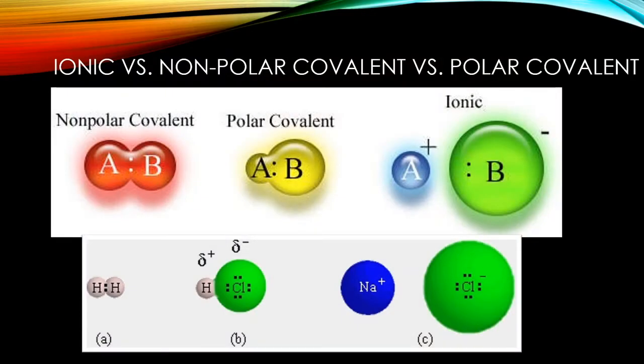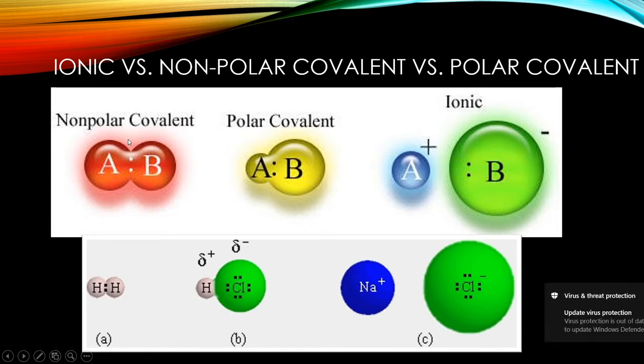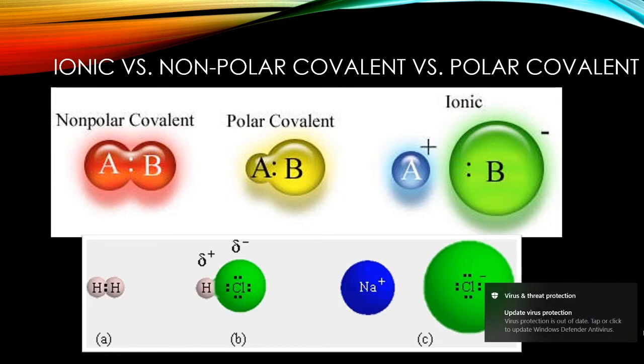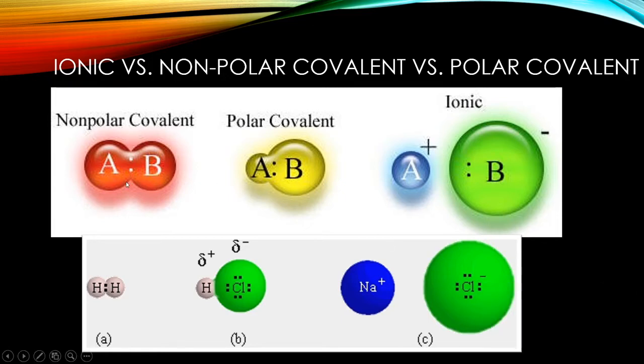In a molecule, if you have two substances that are pulling on electrons the same amount, then they don't end up pulling electrons any differently.